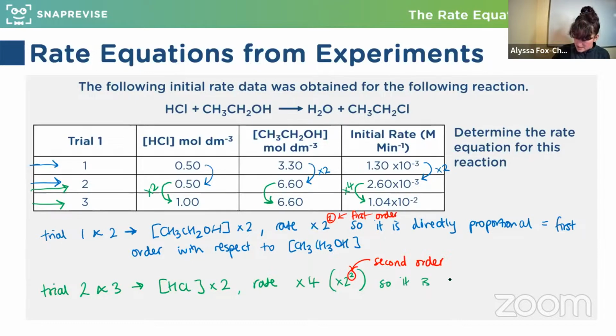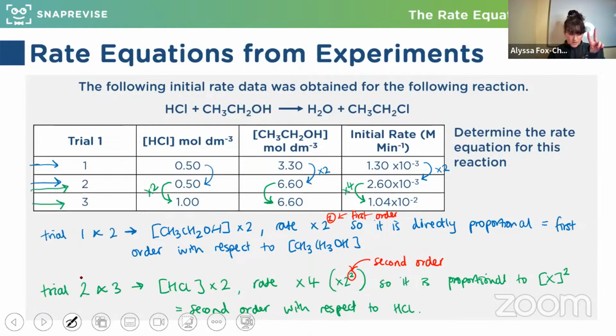So it is proportional to the concentration squared. Proportional to the concentration of our species squared, which means it is second order with respect to HCl.